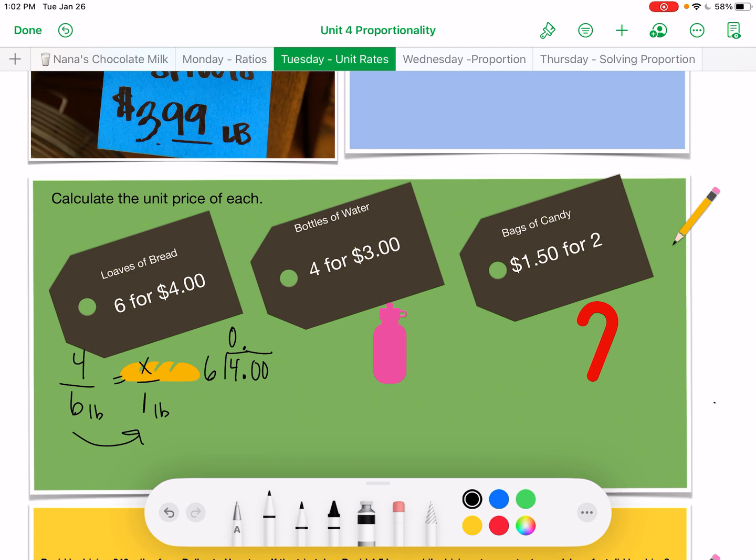6 will go into 40 6 times. 6 times 6 is 36. Subtract 40 minus 36, you get 4. Bring down your 0. 6 will go into 40 again, and you should be seeing a pattern.